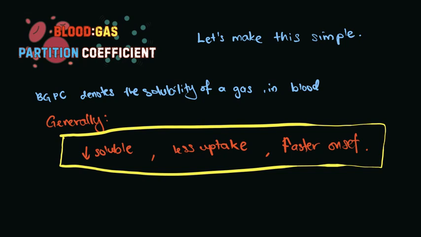Remember this: less soluble, meaning less uptake by the blood, faster onset. In other words, when the gas is less soluble, it has greater partial pressure. This will contribute to the faster onset of a gas. Bear with me and let me walk you through the entire thought process, so stay till the end.